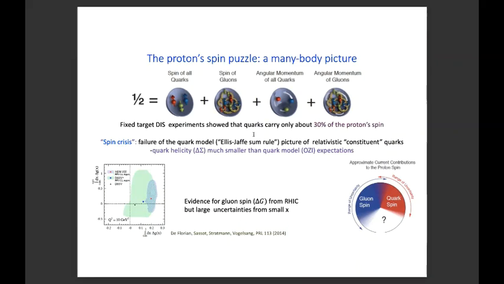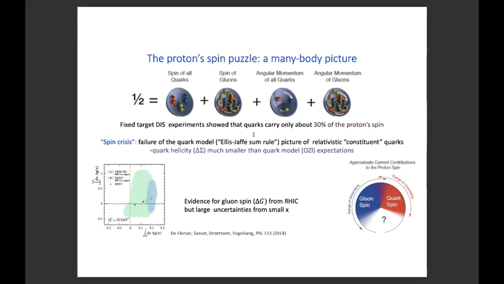And so here, this is not a very good plot, I apologize. Here's the data on the extraction of the gluon spin. That's the integral over values of x from 0.05 to 1 on the x-axis, and that's what RHIC can access. That's the lowest x that's accessible by RHIC. And on the y-axis is the integral from 0.05 to 1, which will be accessed in the future, as I'll discuss.